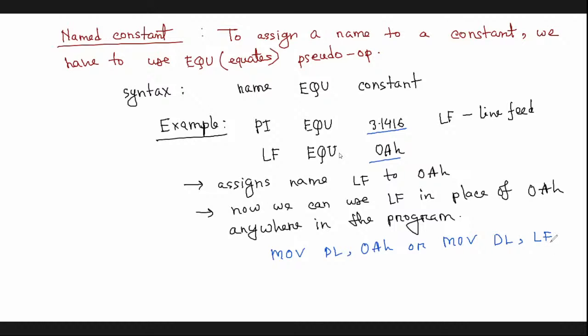A string means something written in between quotation marks. So a string can also be a constant. Let me give you an example. You know the meaning of constant: the value always remains the same. So a constant may be a string also.